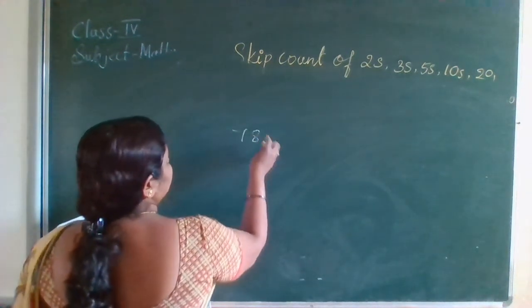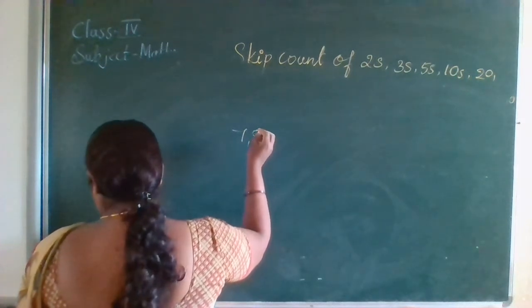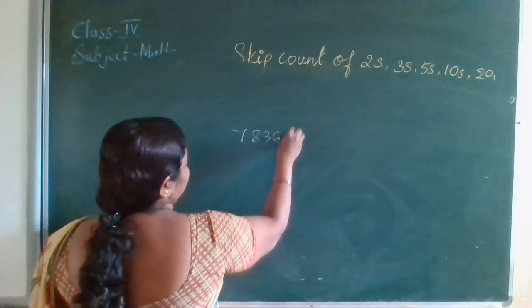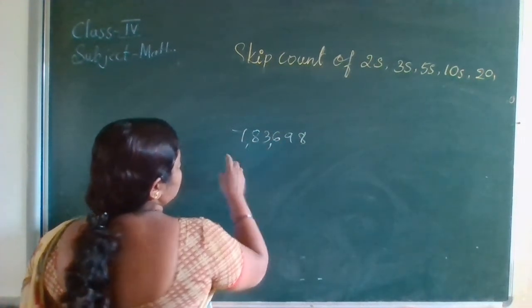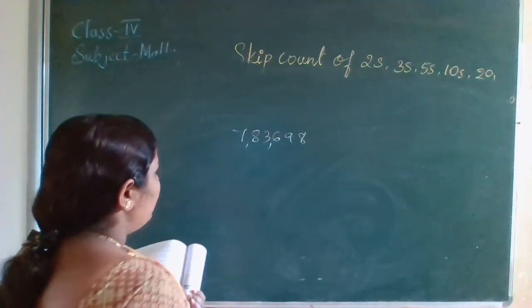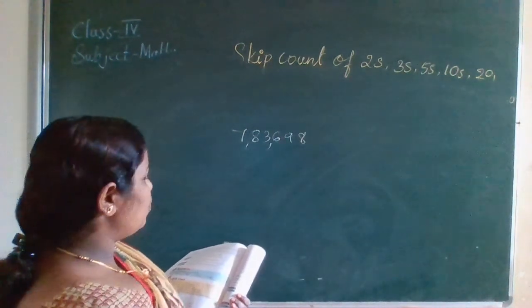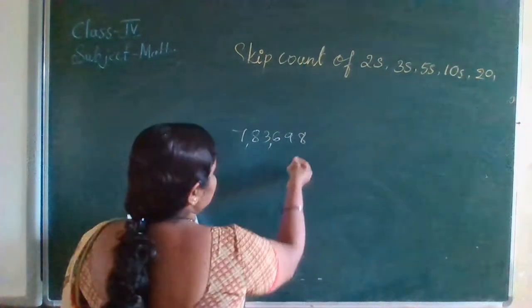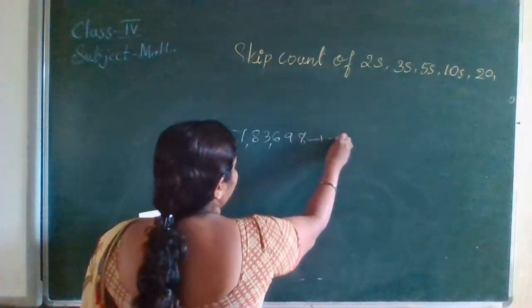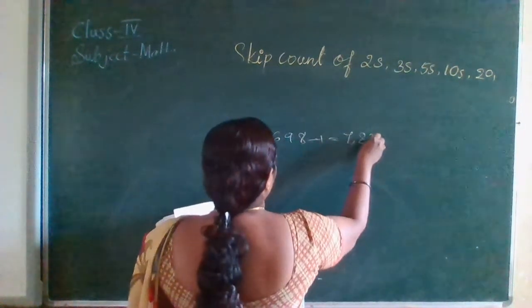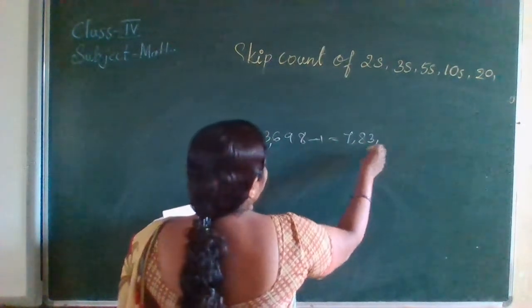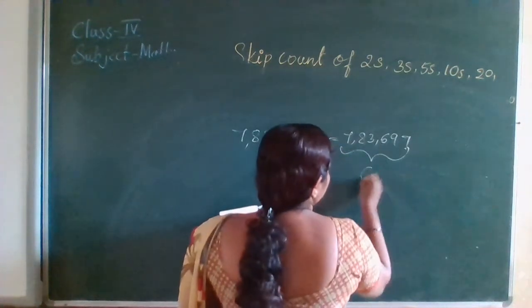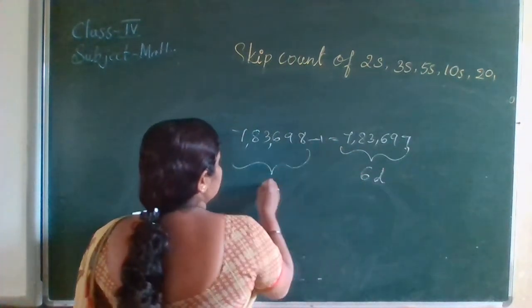For example, 7,83,697 is a 6-digit number, and if we subtract 1, it is also 6-digit.